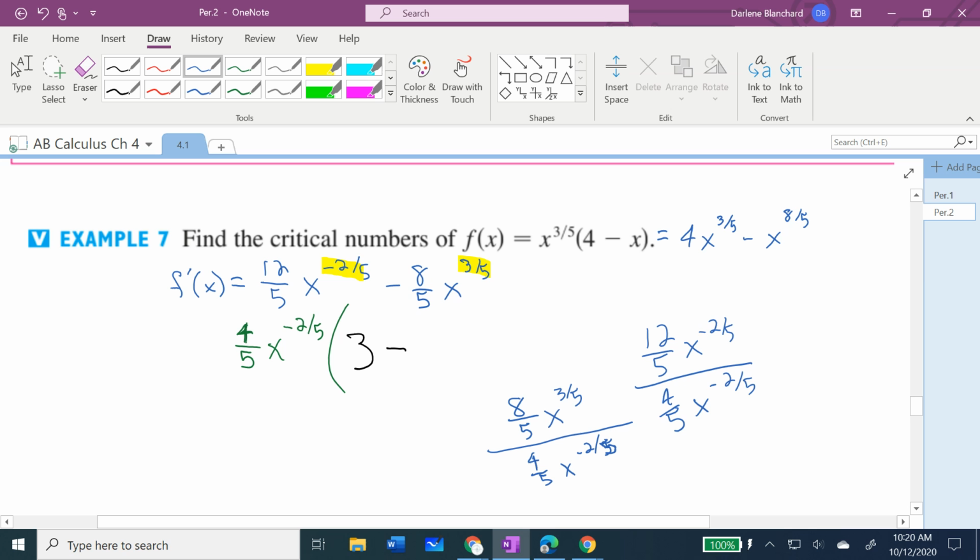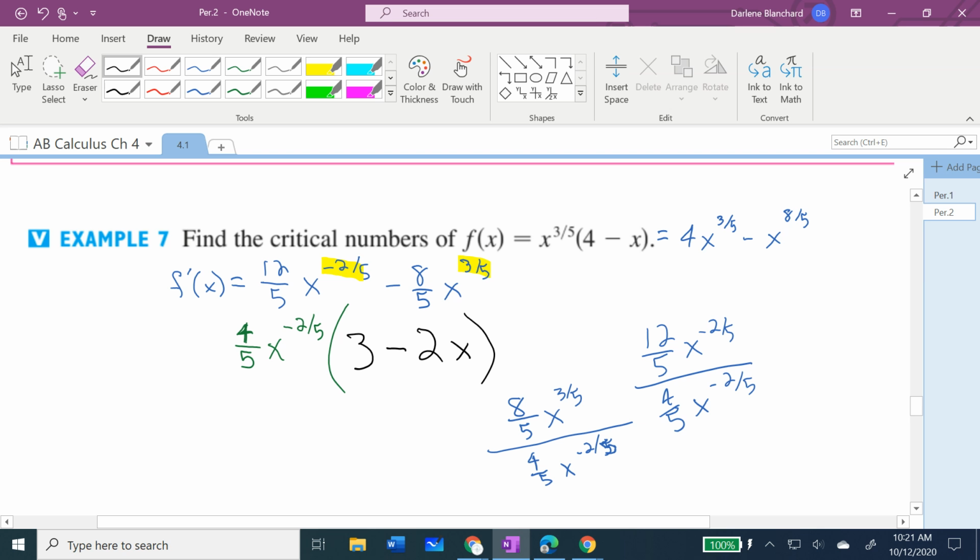But if you actually did that in your head, can you see how that quickly turns super nice? So you use the exponent rule of subtraction. 3/5 minus negative 2/5 gives you the number 1. It's so beautiful. And then 8 divided by 4 gives you 2. So you are winding up getting just 2x.